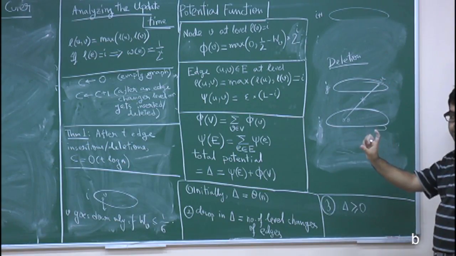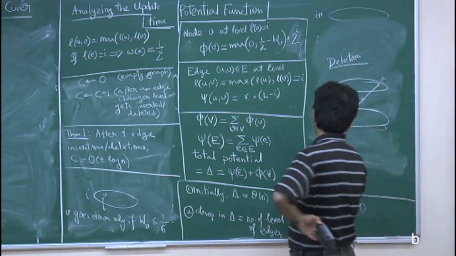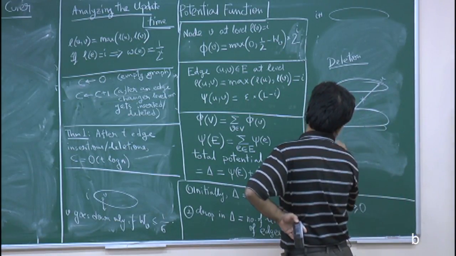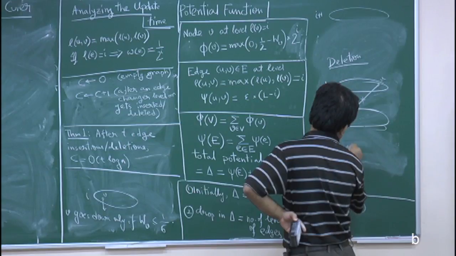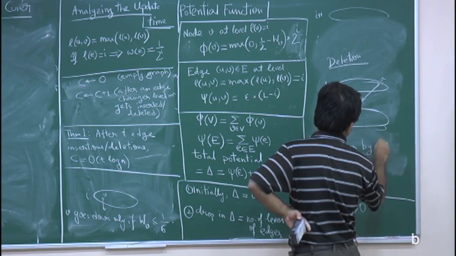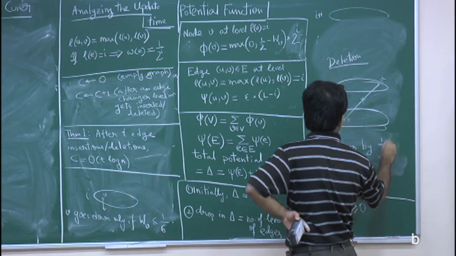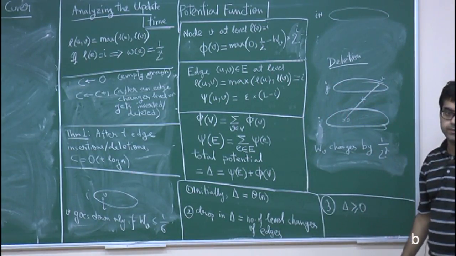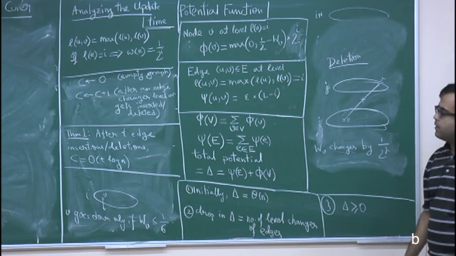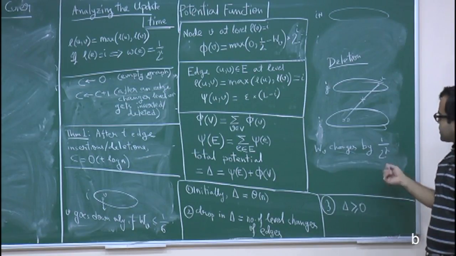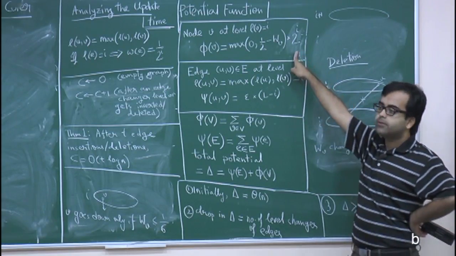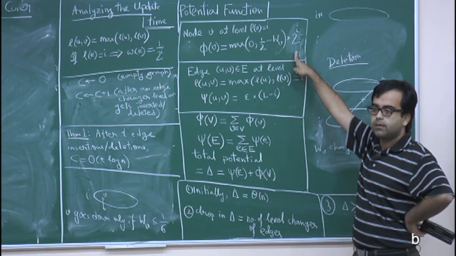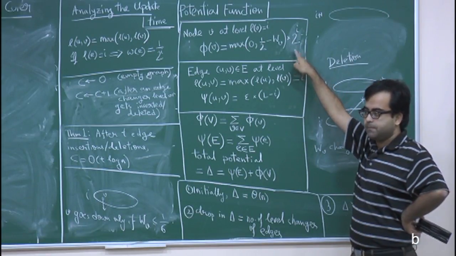1 by 2 to the power j, right. So, W V changes by 1 by 2 to the power j. So, by how much will this node potential change? It is going to be at most 1 by 2 to the power j times 2 to the power I, that is the worst case.